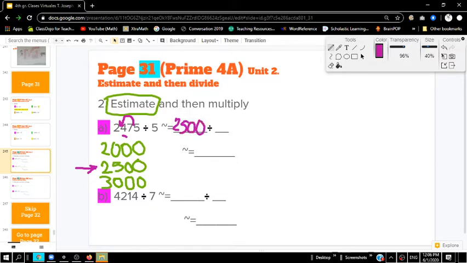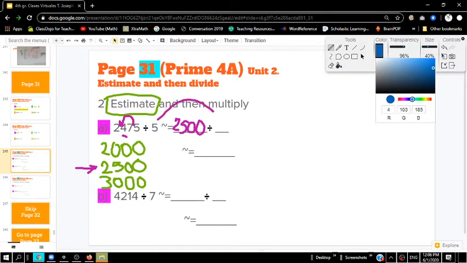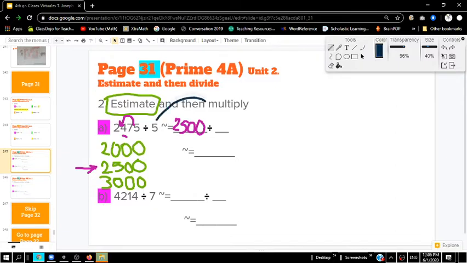All right, I'm going to transfer my 5 over to my problem. Now I have 2,500 divided by 5. Well, I know that 25 divided by 5 equals 5.